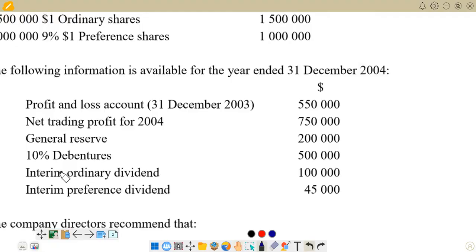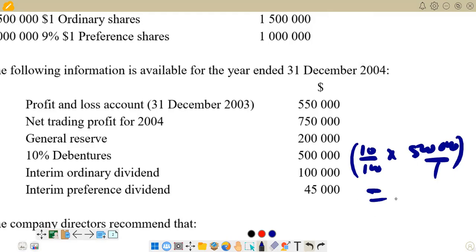We have 10% debentures, and the debentures are 500,000. So basically, we're just going to say 10%, which is 10 over 100, then we multiply by 500,000 over 1 to get the debenture interest. Obviously, when you calculate, you're going to get 50,000. We go to our other section, we just summarize that working.